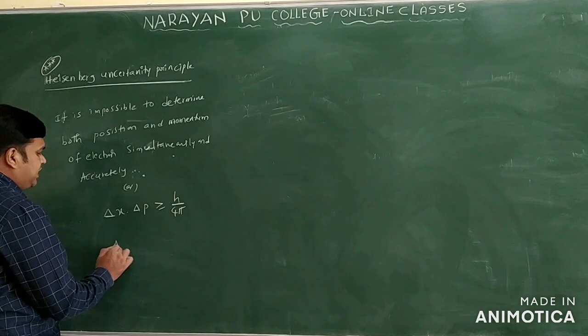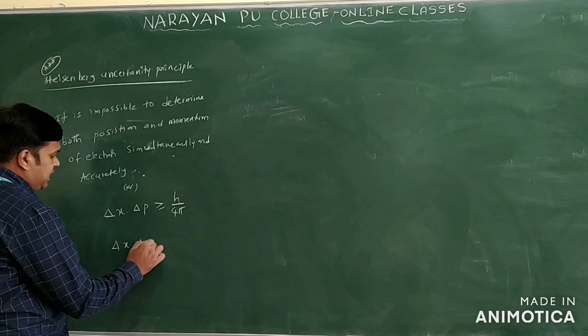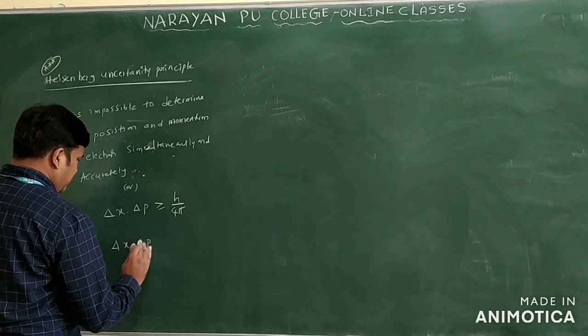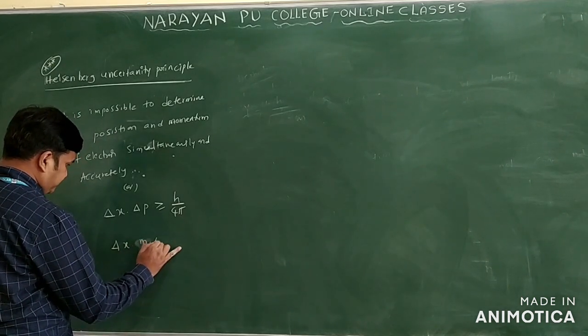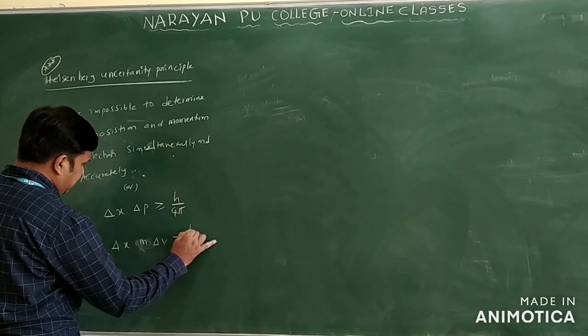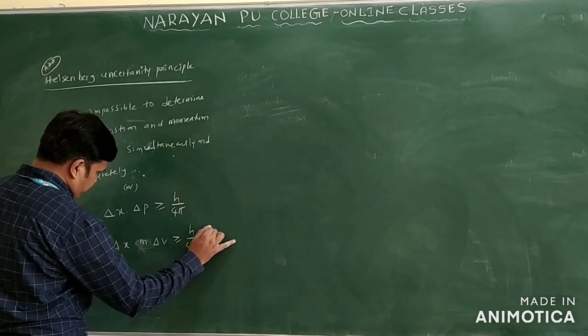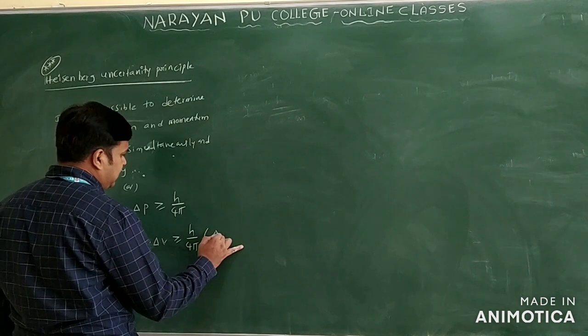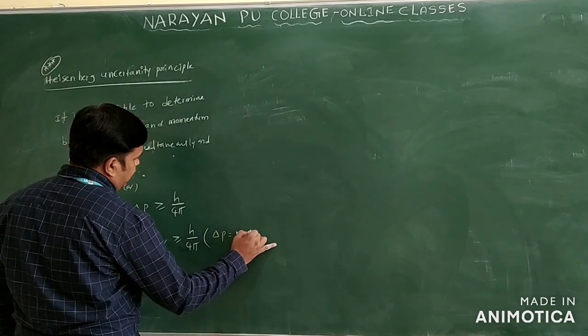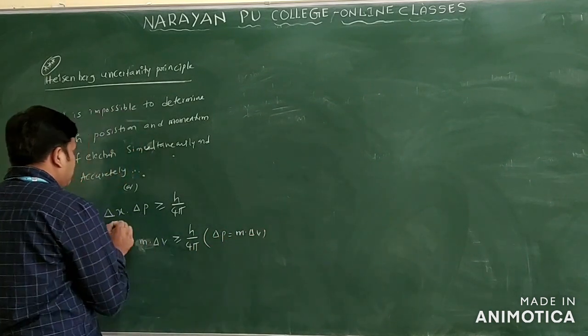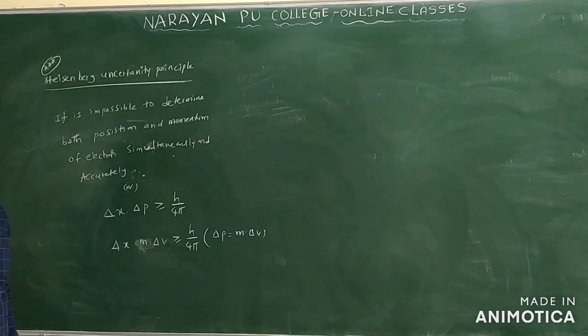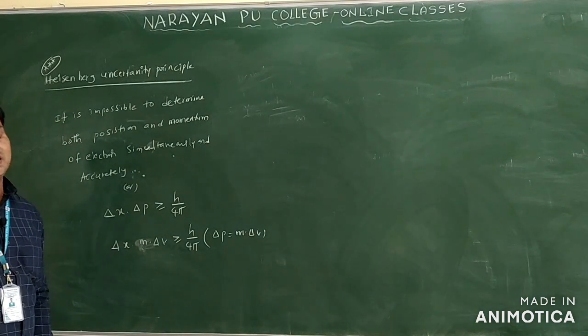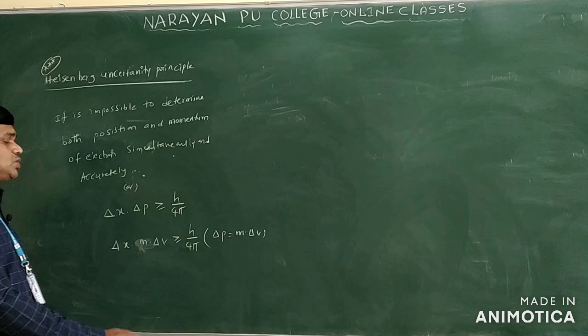So here I am writing delta x into delta p, or you can say m into delta v, greater than or equal to h by 4 pi. Here delta p is equal to m into delta v. Delta x means uncertainty in position.